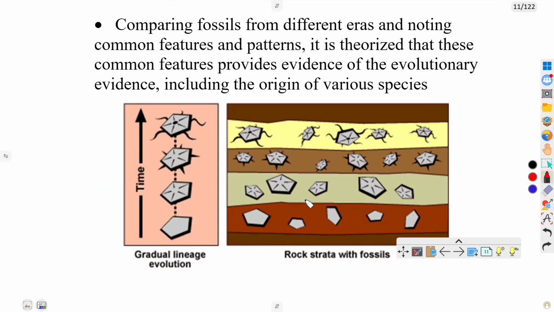And so what they say is, these features and patterns are coming along because they may have provided individuals with those traits an advantage in their given environment, and they can become more specialized as the environment becomes a little bit more specialized. So that's everything for this first lesson.